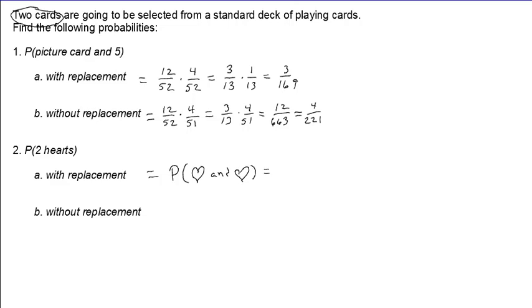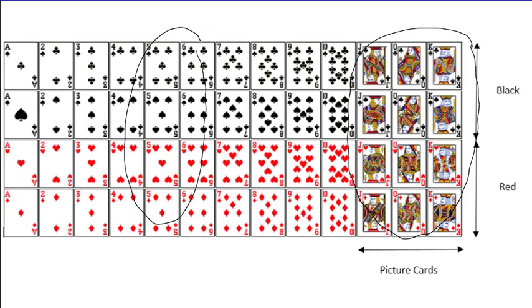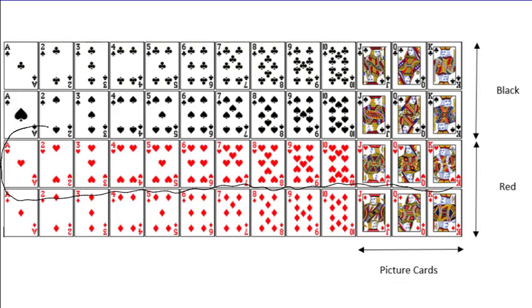So I go back to my deck of cards, and I'm going to make this look a little prettier. So I'm going to get rid of my old circles. And I see, I'm counting as I'm erasing here, I see that there are 13 hearts in my deck of cards. And here they are, my 13 hearts.